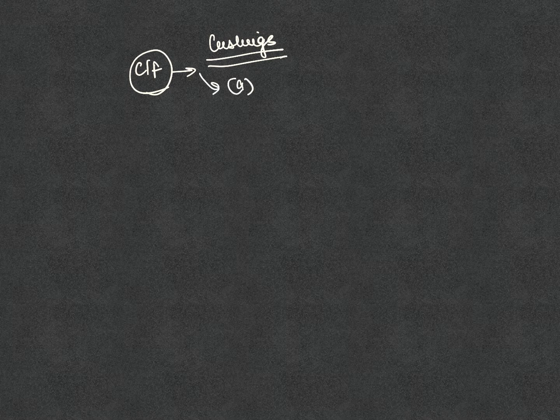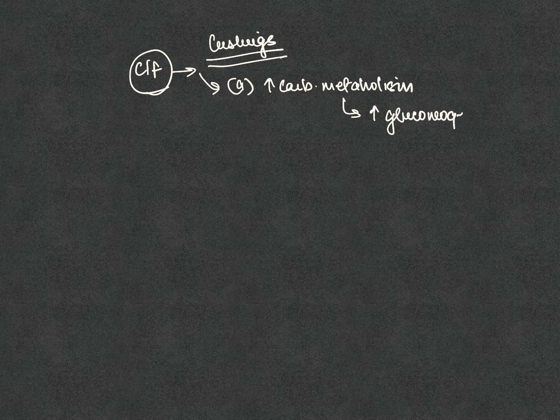Clinical features of Cushing's are going to be because of, A, increased carbohydrate metabolism, that is increased gluconeogenesis causing adrenal diabetes. Then there is going to be fat metabolism.